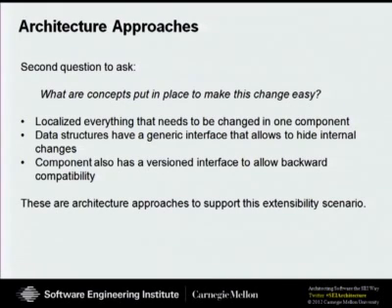So you have one place in the whole architecture to actually deal with that change. Good concept. Or data structures. They have a generic interface around, so you can actually change the structures behind that interface without anyone seeing that change to the outside. Good concept. Those are architecture approaches.